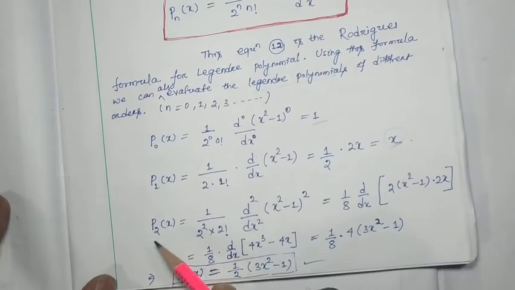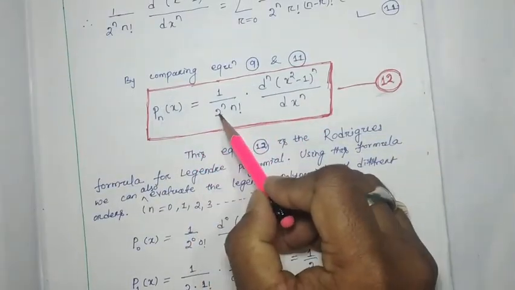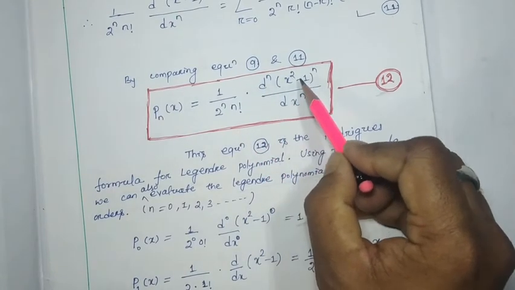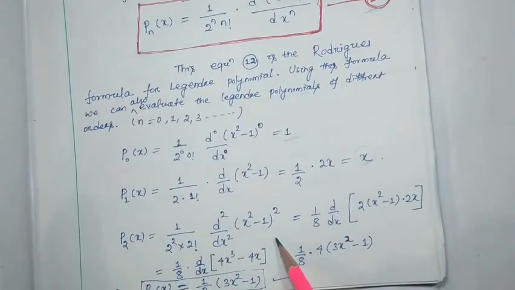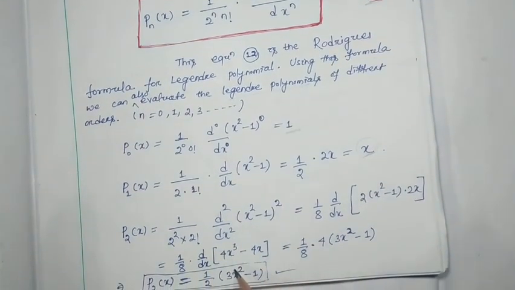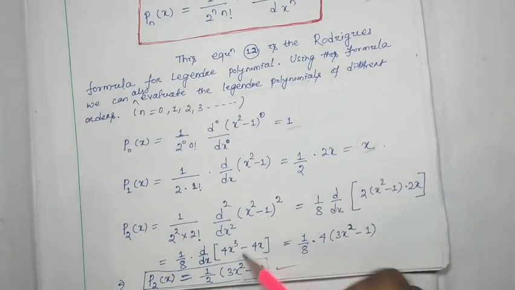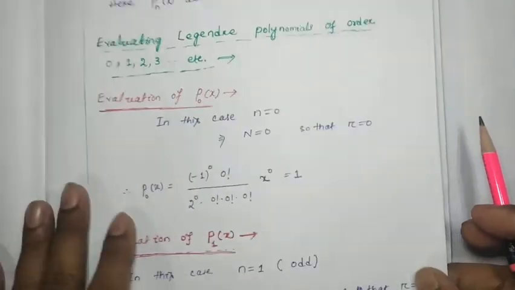Similarly, P2(x) means 1 by 2 to the power 2, 2 factorial, into the double derivative of (x square minus 1) to the power 2. If you do it, you will find 1 by 2 (3x square minus 1). These results are also the same as what we found from the general equation.